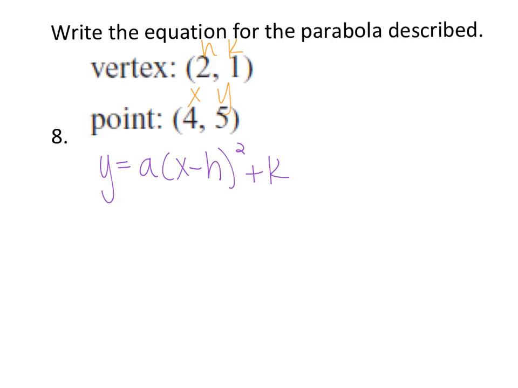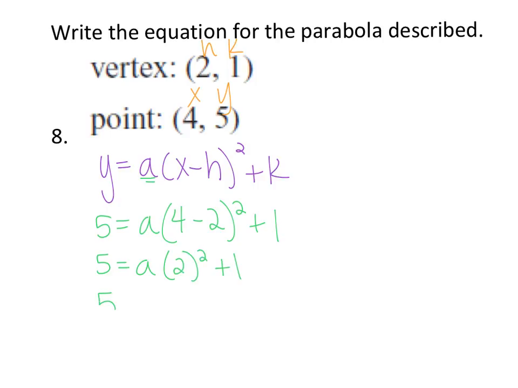So what I'm really looking for is a, so I'll fill everything in. My y is 5, so I get 5 equals, don't know a. My x is 4, my h is 2, and then my k is 1. So now let's simplify. I get 5 equals a times 4 minus 2 is 2 squared plus 1. 5 equals, well, 2 squared equals 4, so I get 4a plus 1.